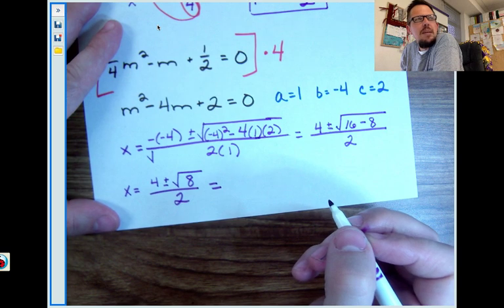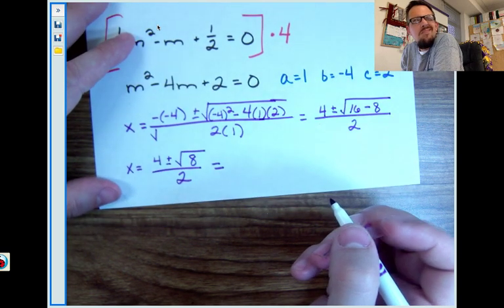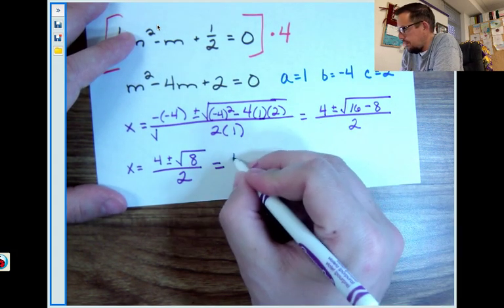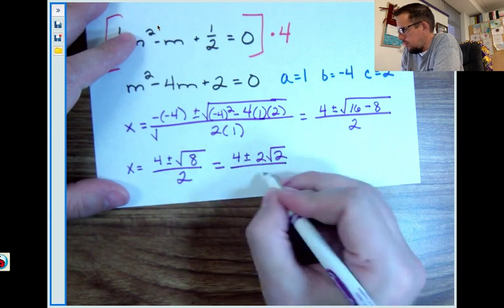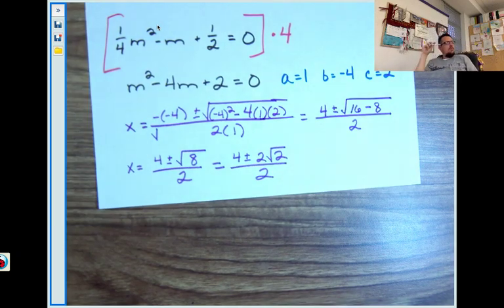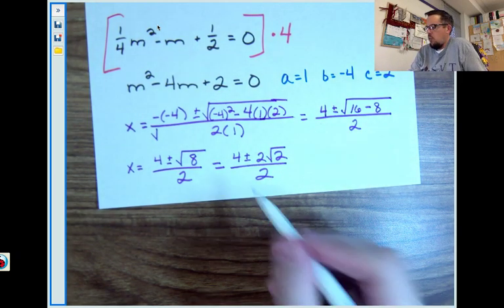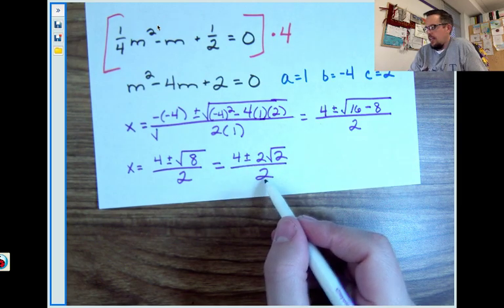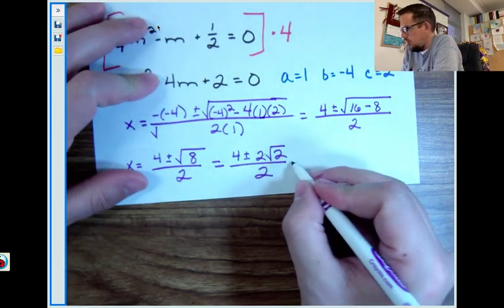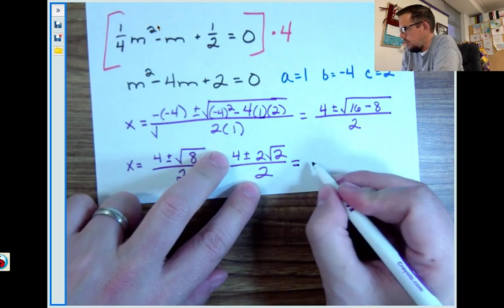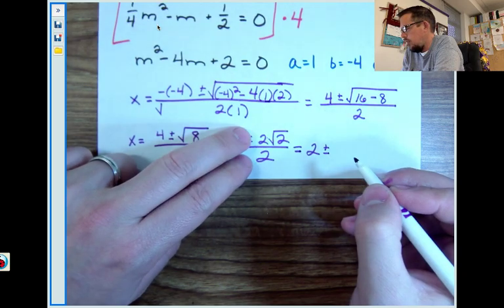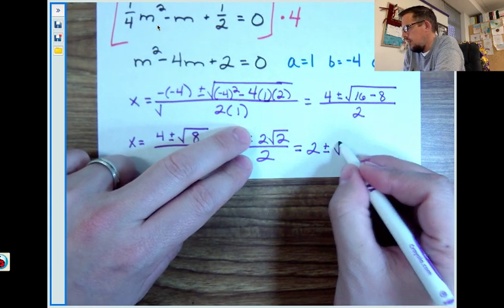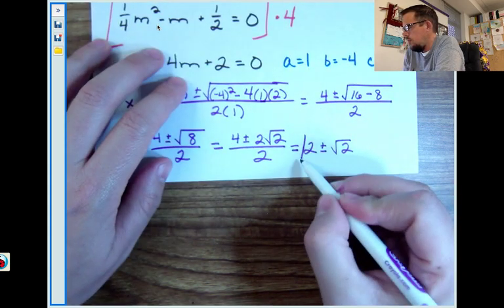And the square root of 8 can be simplified: 2 root 2. Good. And that can reduce because 4 can be divided by 2 and 2 can be divided by 2. So 4 divided by 2 is 2, plus or minus 2 divided by 2 is 1, so 1 root 2.